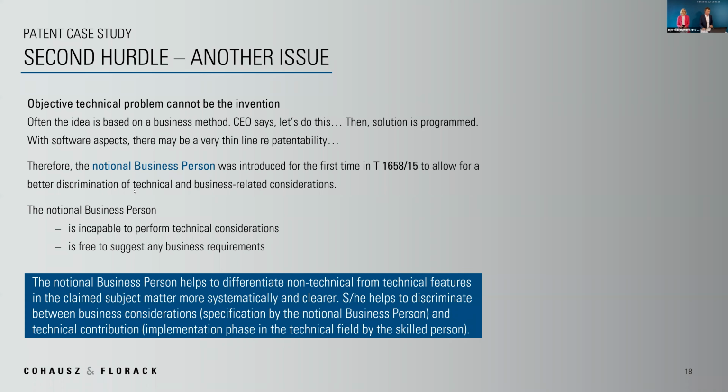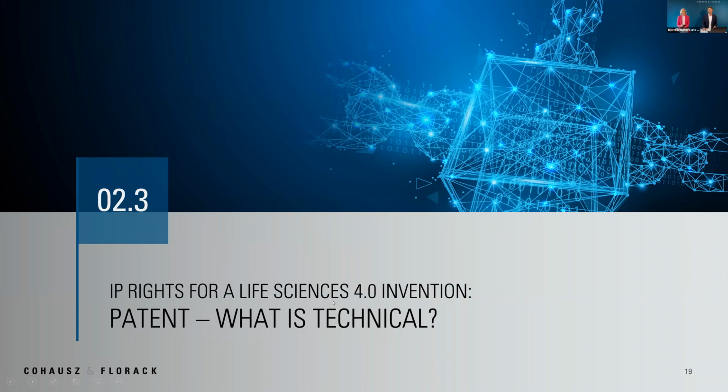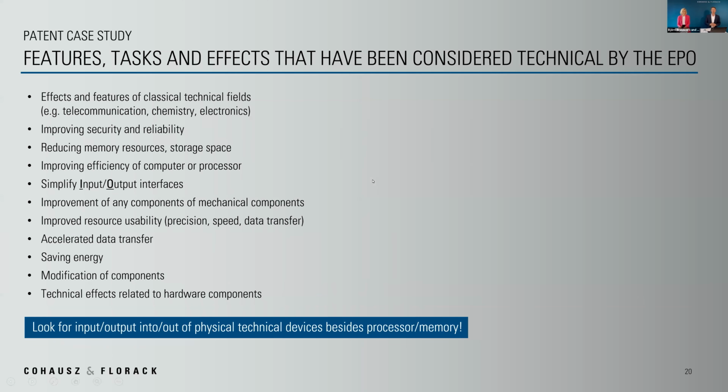Okay, so as the next part, we have talked about all the technical effects and what is technical. So in the next slide, we have some examples of features, tasks, and effects that have been considered technical by the EPO. And this is quite interesting to help develop a feeling for where those technical effects might lie.